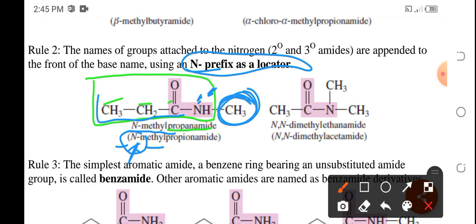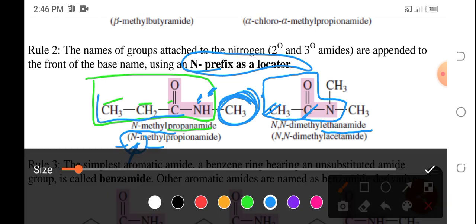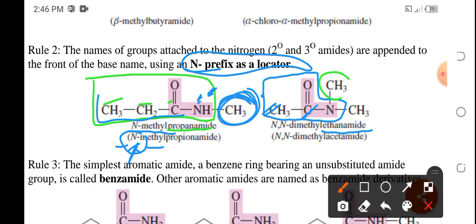Next one here is, so the parent chain here will bear the carbon atom that bears the carbonyl and the nitrogen. And there are two carbon atoms here. So that is ethanamide. Our substituents are methyl groups. And they are attached on the nitrogen.